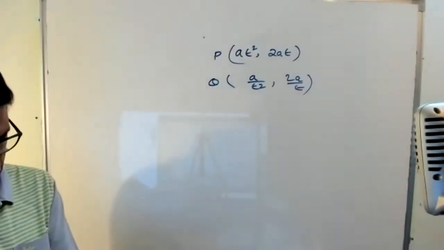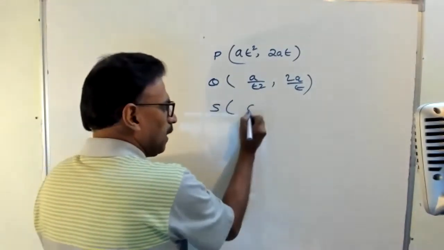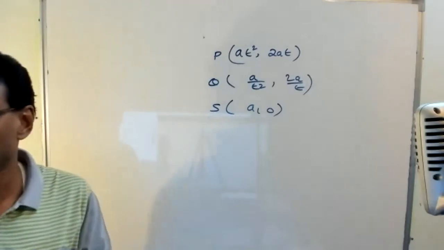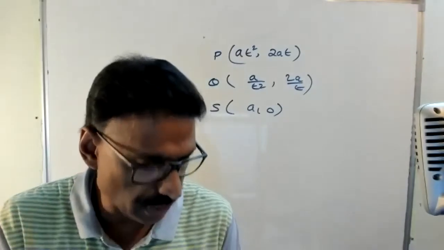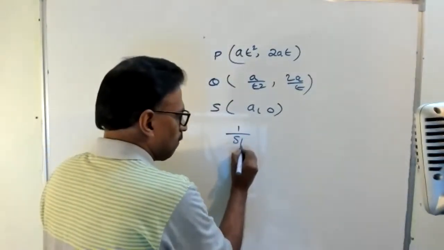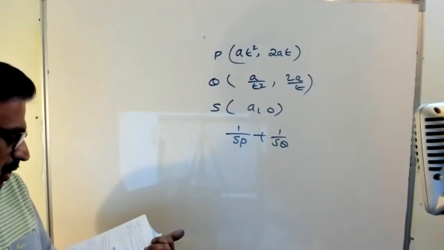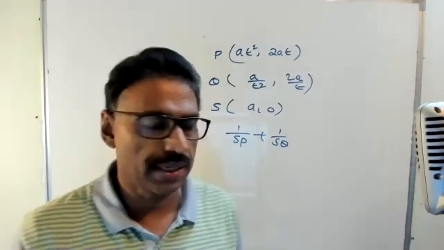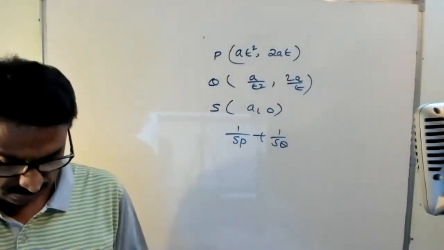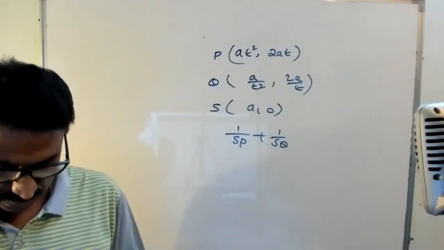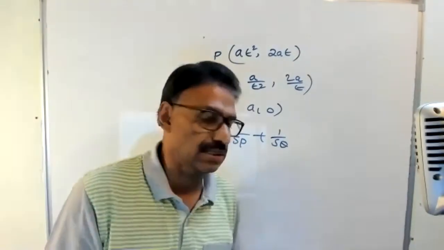And S is a point a comma 0. Show that 1 by SP plus 1 by SQ is independent of t.